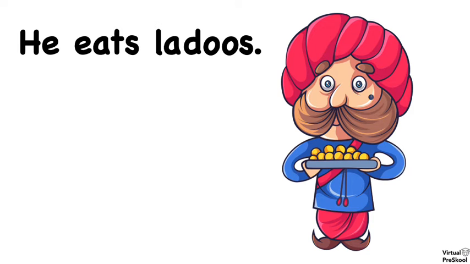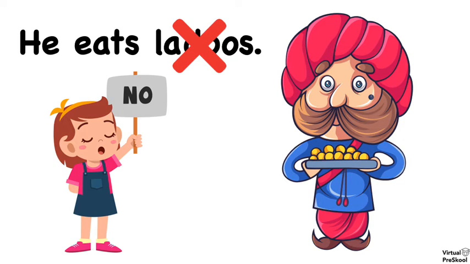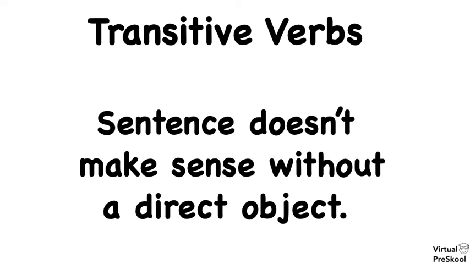What's the direct object? Laddus. If we remove laddus from the sentence, does the sentence make sense? He eats? No. Transitive verbs do not make sense without a direct object. So in any sentence with a transitive verb, the sentence will not make sense if it doesn't have a direct object.